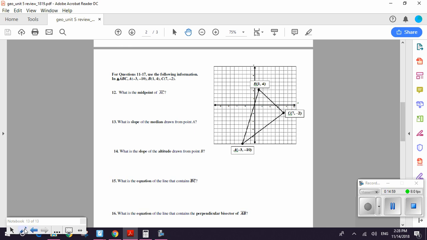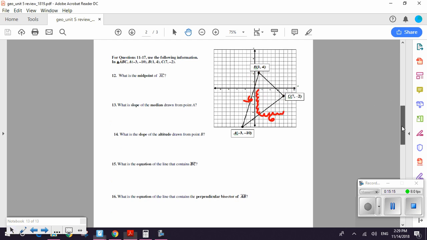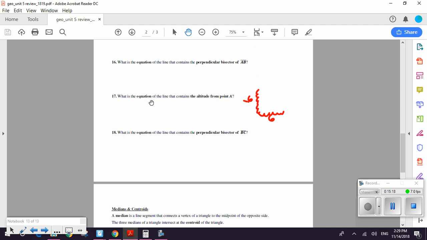I believe we've done it before on an earlier question. I think it was down 6, over 6. So the slope is -1. Great. So since the slope of BC is -1, the slope of the altitude would have to be +1 because it has to be the opposite reciprocal.